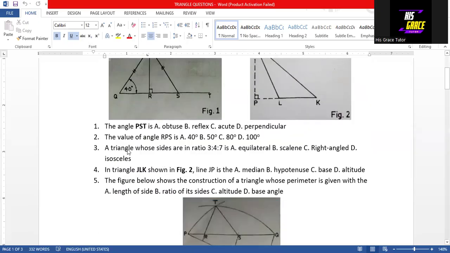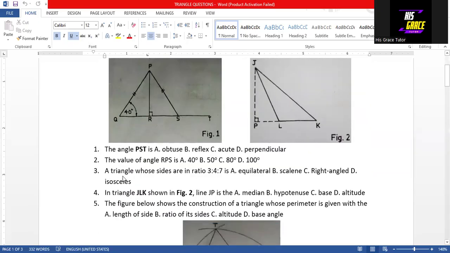Then question 3 says that a triangle whose sides are in the ratio 3 to 4 to 7 is a scaling triangle. Because the lengths of the sides are different, the sides are in the ratio of 3 to 4 to 7. So this is a scaling triangle.